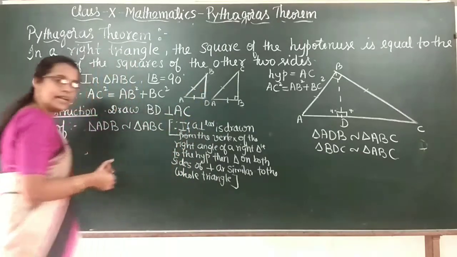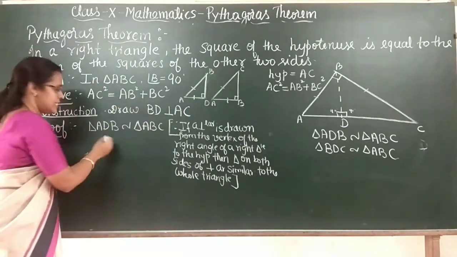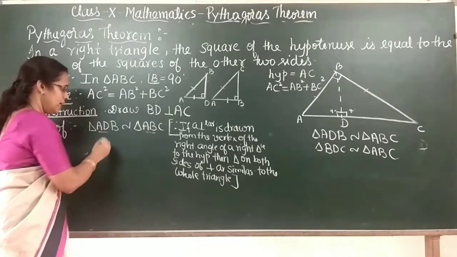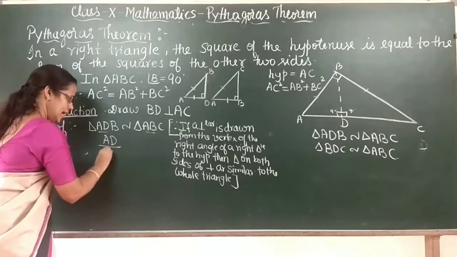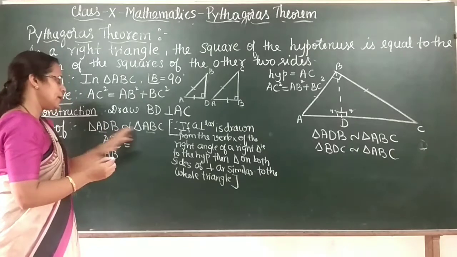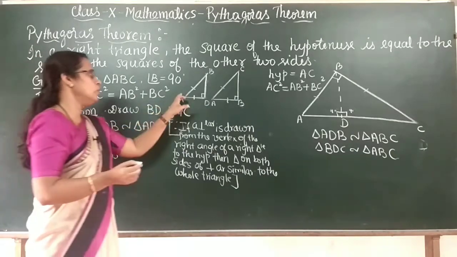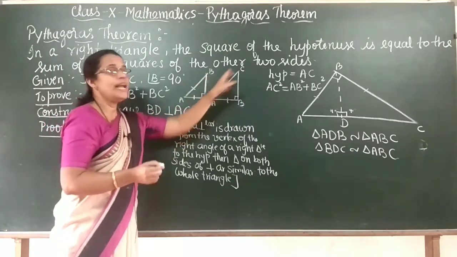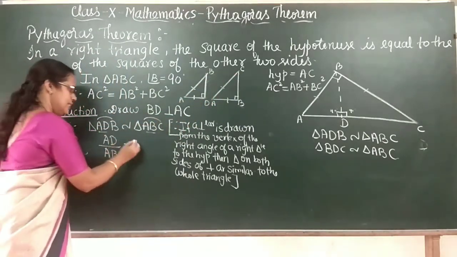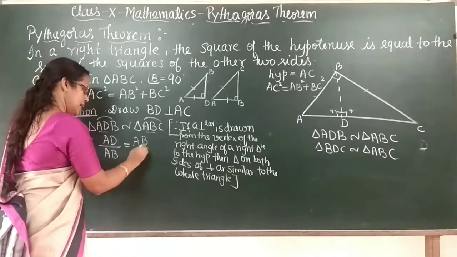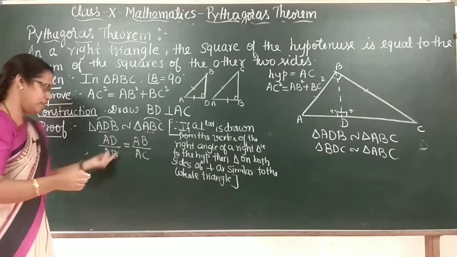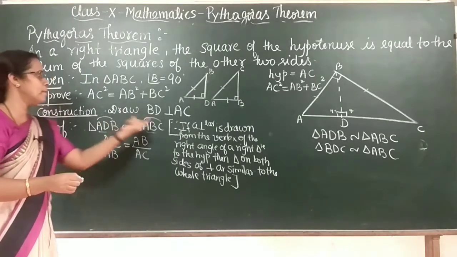So you can write here the ratio. If you can't understand, you can do like this. AD by AB is equal to AB by AC. AB of this triangle, AC of this triangle. Is it okay? First AD by AB, then AB by AC.